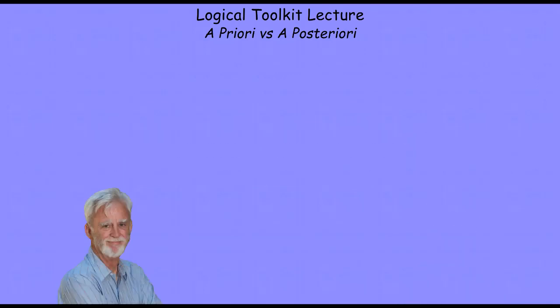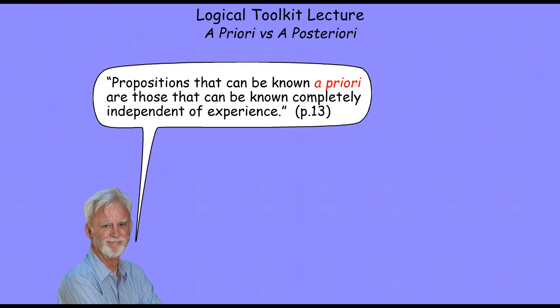The final distinction is a distinction having to do with modality in terms of way of knowing. So on page 13, Perry and his co-authors tell us that propositions that can be known a priori are those that can be known completely independent of experience. So a priori, roughly translated from Latin, means prior to.